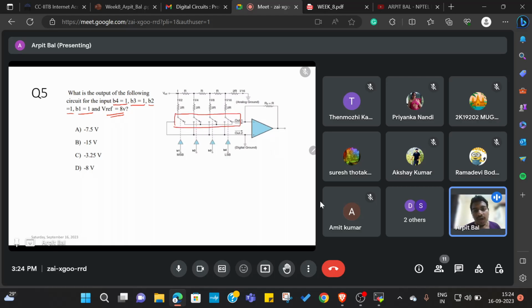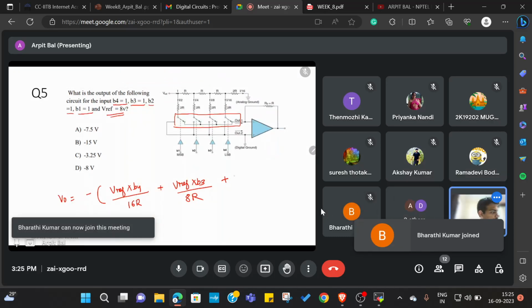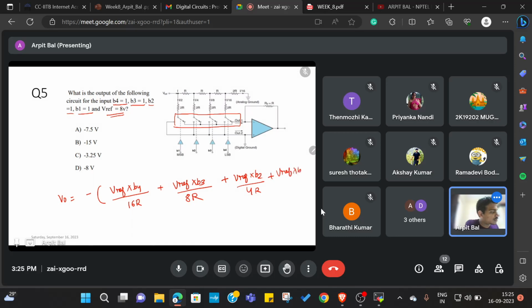Okay, so in these type of DACs, what happens is they use a switch, and the input to that switch is the digital bit. And in this case, V0 is equal to, plus, okay, so this is going to be the output.